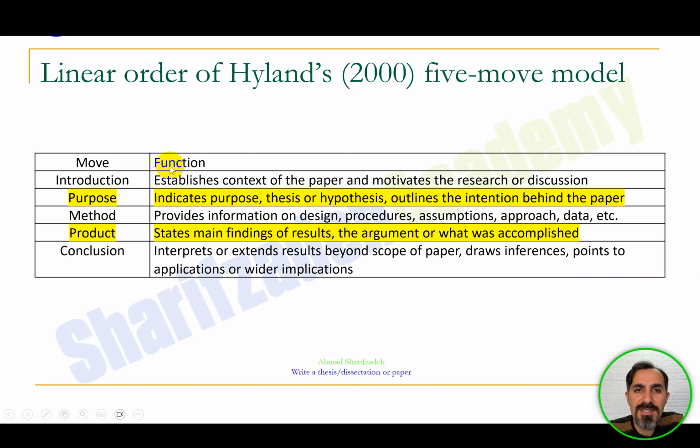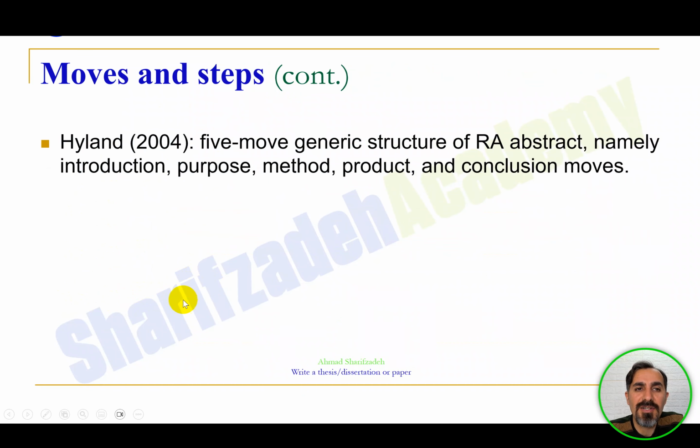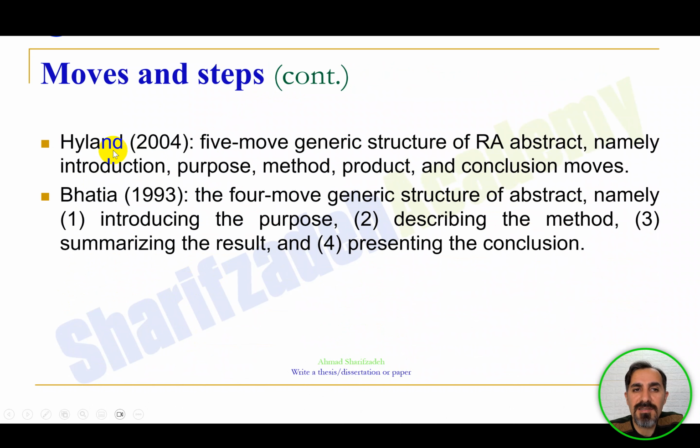In addition to this model, which was proposed by Hyland, we have other models. Actually, this is the model I discussed before. We have another model here, Bhatia, 1993. He argued that we have a four-move generic structure of the abstract, which includes purpose at first, then method, then result, and then conclusion.